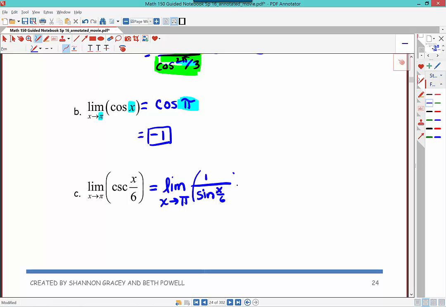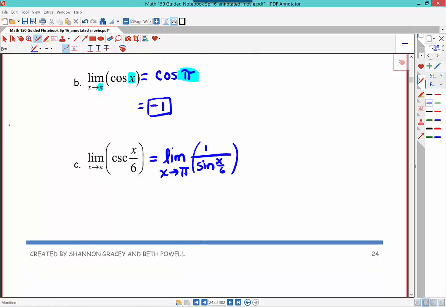That's using our reciprocal identity for the cosecant function. Right? And now plugging in, I'll have the limit. Oops, sorry, I don't need my limit anymore because I'm now directly substituting. So that's what we did up here immediately. Now we'll do it here for this problem.